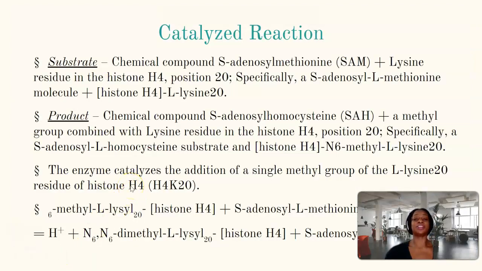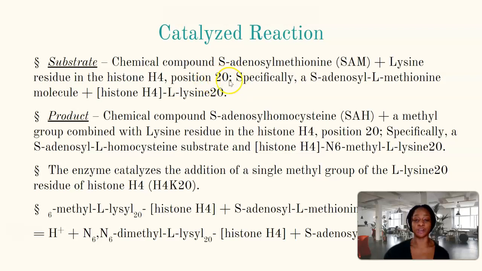The catalyzed reaction that takes place with this enzyme: we start with the substrate, the chemical compounds listed here. Once again, my pronunciation is not so good, so let me not butcher this, but you can see that this compound here combines with the histone H4 at position 20.